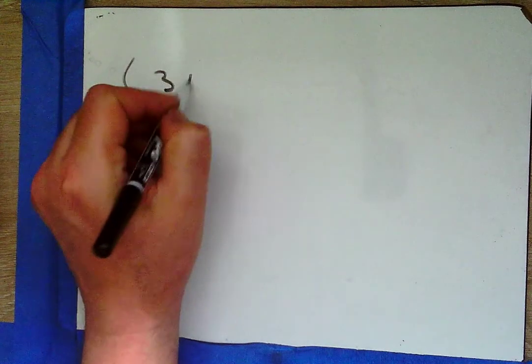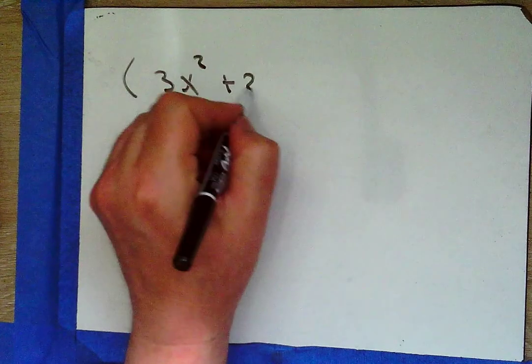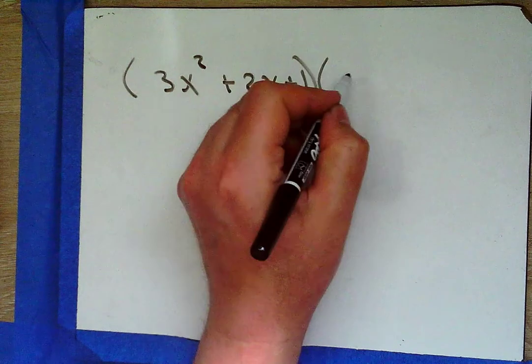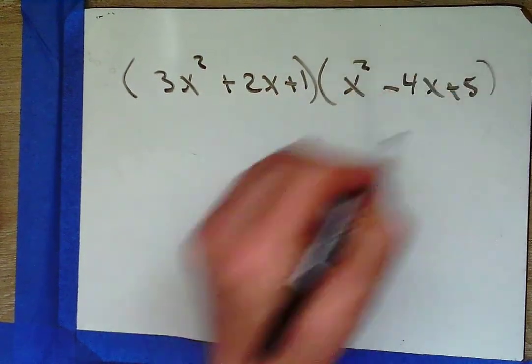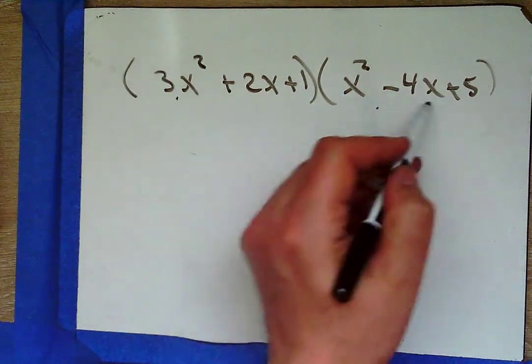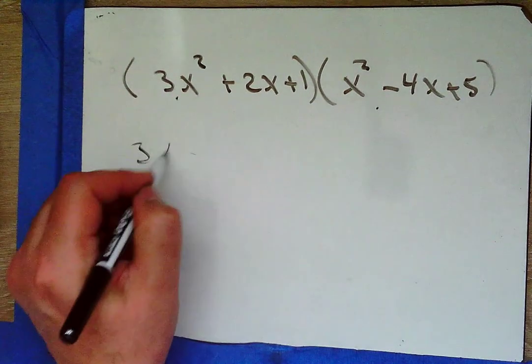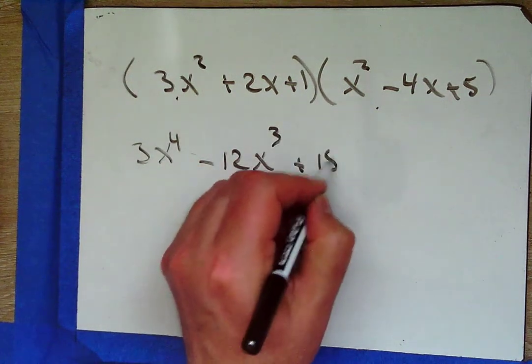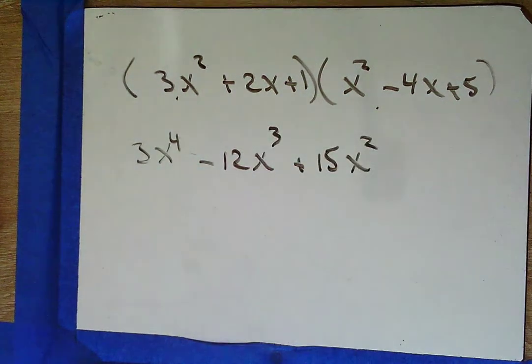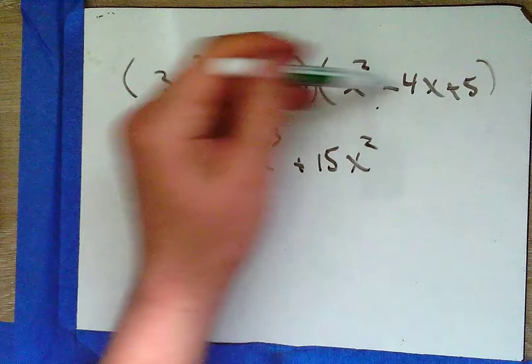Okay, the last thing I want to look at is what happens when we multiply two trinomials together. And so we've got to multiply this times each of these. So that's going to be 3x to the fourth minus 12x to the third plus 15x squared. And then I need to multiply that 2x times each of these.